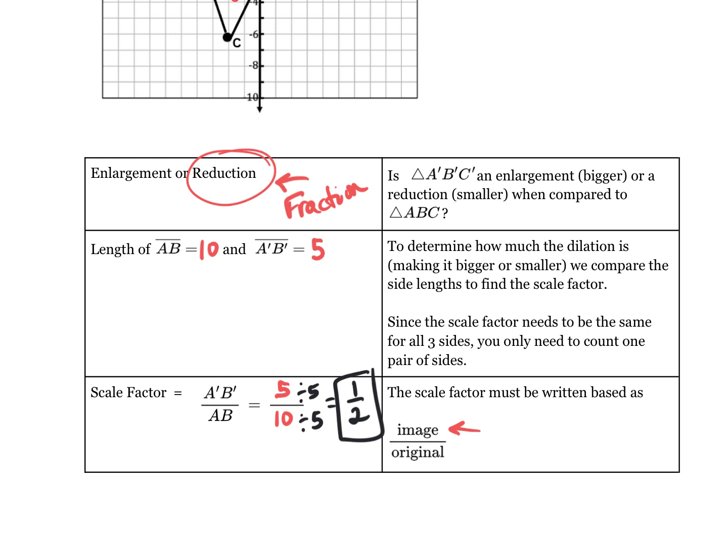We do 10 divided by 2 to get 5. But the way we can mathematically show that we divided by 2, we write the scale factor as a fraction.